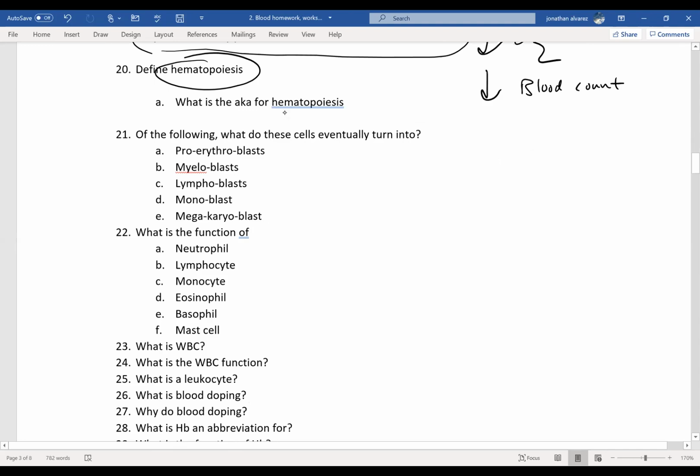The pro-erythroblasts eventually turn into red blood cells.